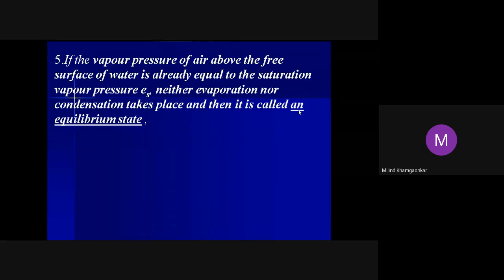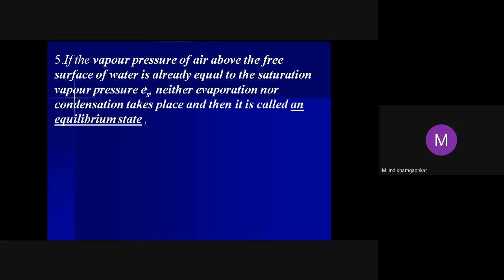I think everybody has understood it very well, because now the saturation vapor pressure ES is naturally the maximum vapor pressure, that is the atmospheric pressure plus the pressure created by the water vapor at the maximum condensation state.